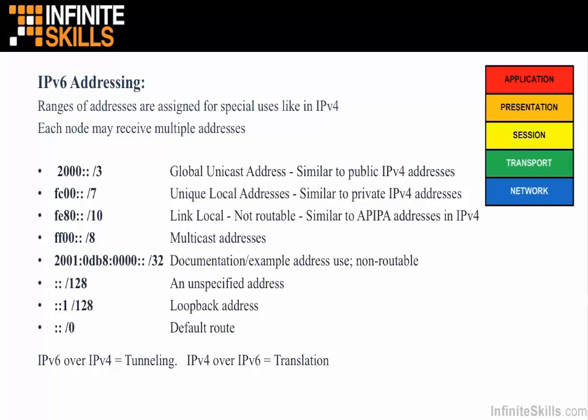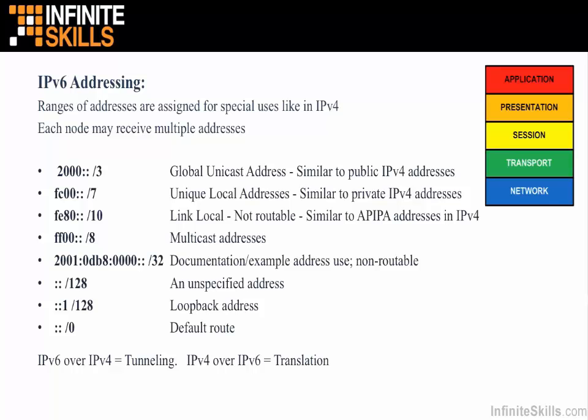Now, because most computers today run both a TCP/IP4 stack and an IPv6 stack simultaneously, there are times where you'll be transmitting IPv6, but you bump into an IPv4 only network. In this case, we have to bury our IPv6 packet into an IPv4 packet, and that's called tunneling.